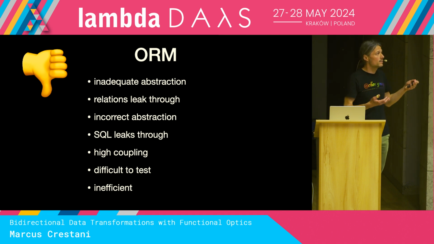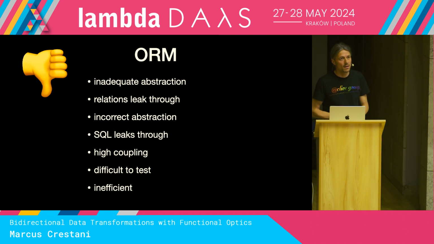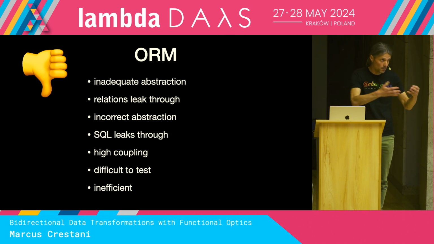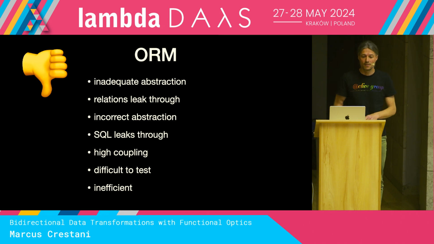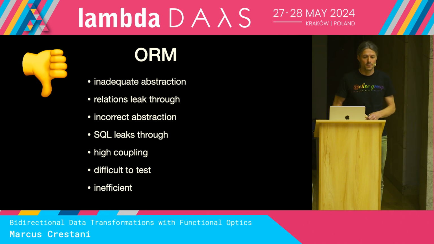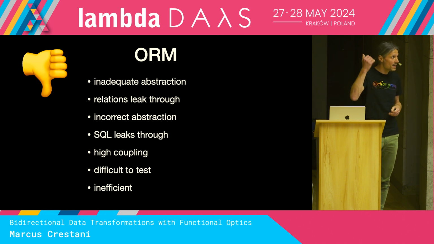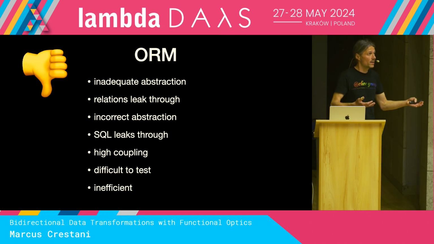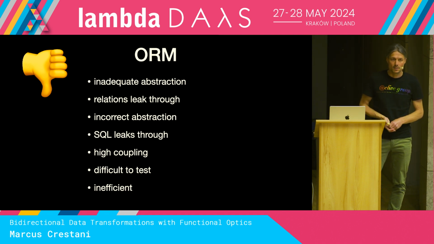And it fails to hide implementation details as the relations leak through to the domain object models. Not because the domain model demands it, just because it makes the integration with the ORM system easier. The ID field is such an example. So it leads to incorrect abstractions in our data model.